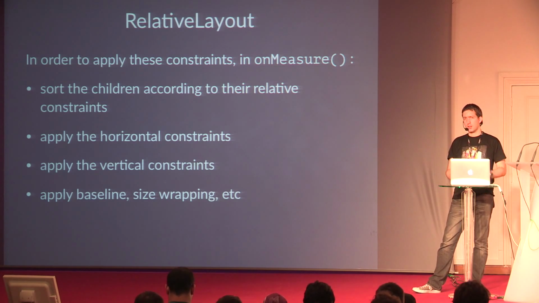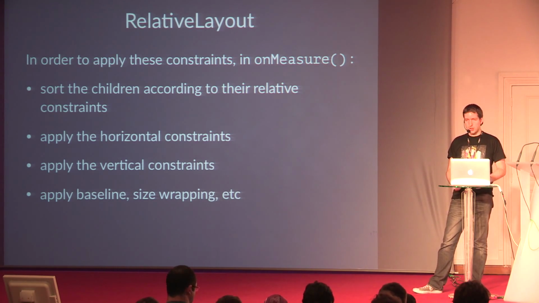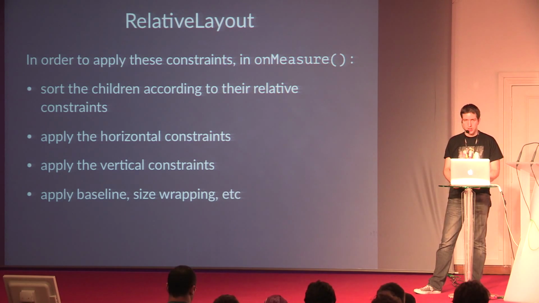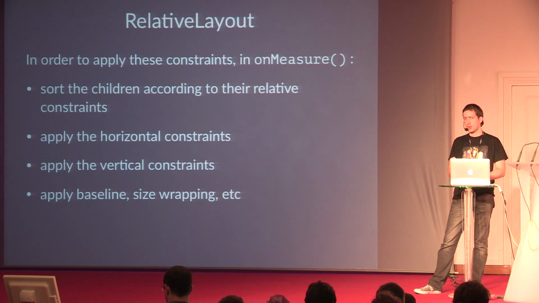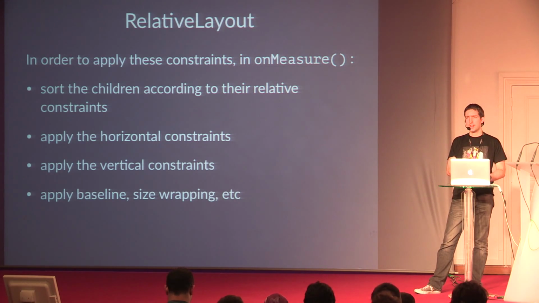When it is done, same thing, but for vertical constraints. When these 2 pieces are done, there is still some work to do. If you have asked in the XML to align to the baseline, RelativeLayout will need to compute that. If RelativeLayout is set to wrap content, it will need to compute that.